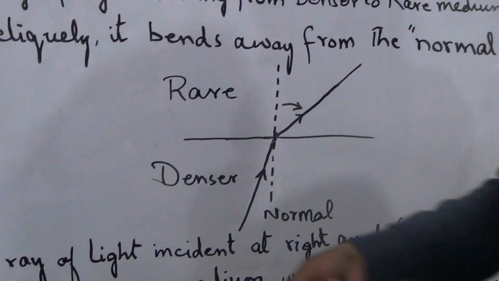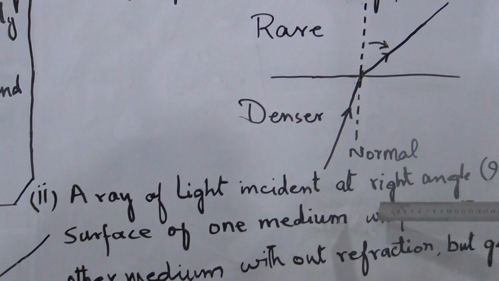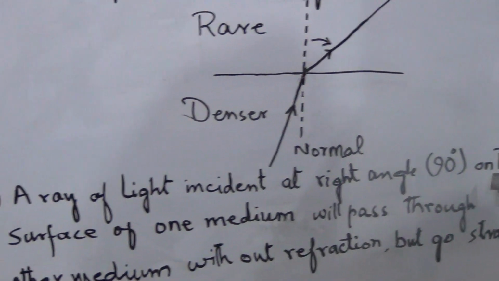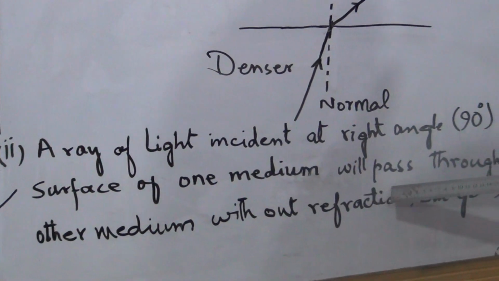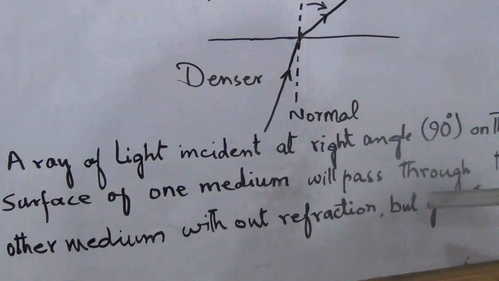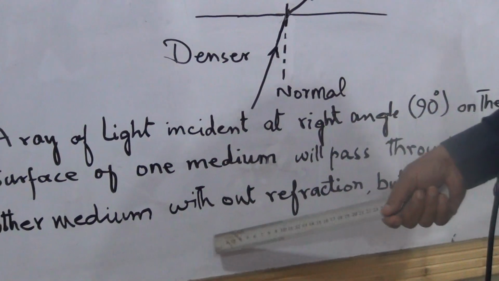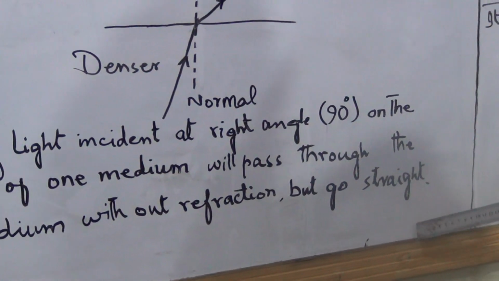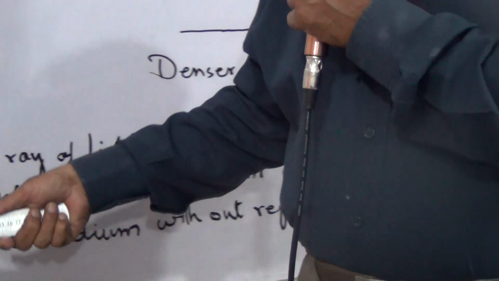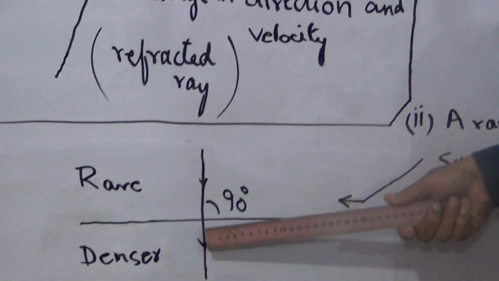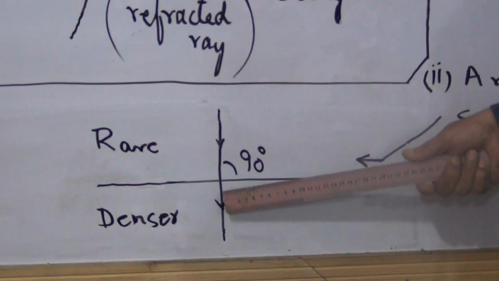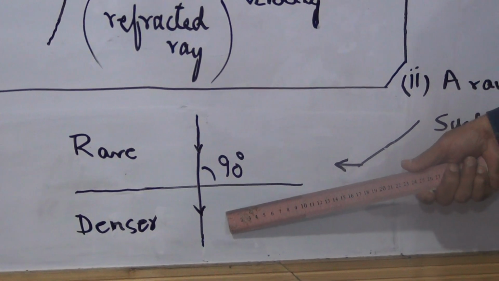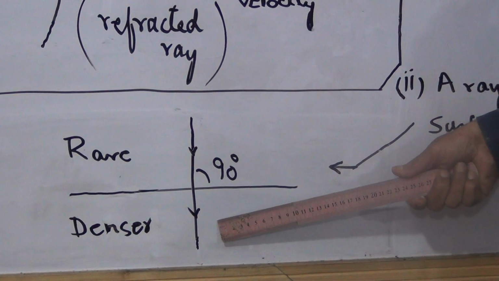Now the third one: a ray of light incident at a right angle, meaning at 90 degrees, on the surface of one medium will pass through the other medium without refraction but goes straight. When the ray of light strikes the surface of the medium at 90 degrees, it will not be refracted, with no change in direction as well as no change in velocity.